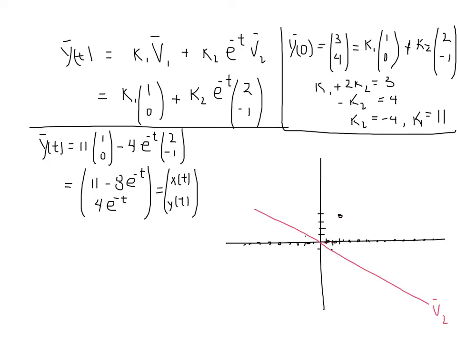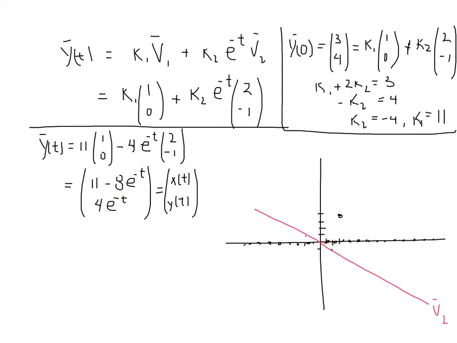Based on the phase diagram, and I've shown you again what the v2 vector looks like, the direction of it, we would then conclude that as time moves on, we start at time 0 at 3. 8 minus 11 at time 0 is 3.